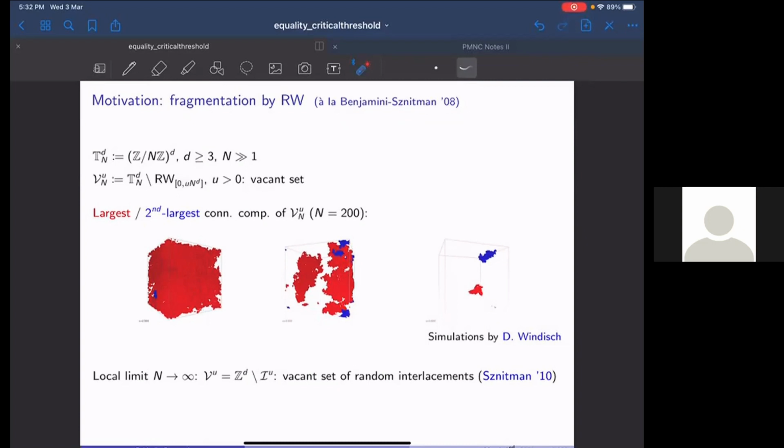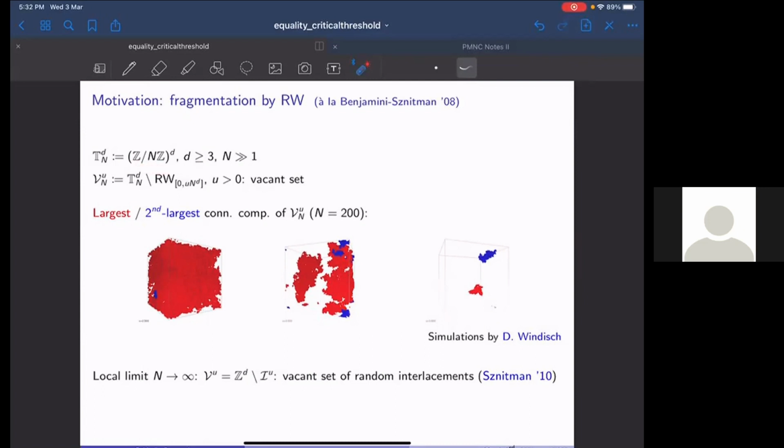You look at the discrete cylinder, the discrete torus in the transient region, in d bigger than or equal to 3. This is transitive. So you take a random walk trajectory from a uniformly chosen point in this torus.